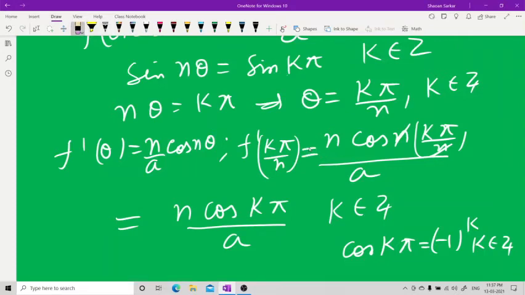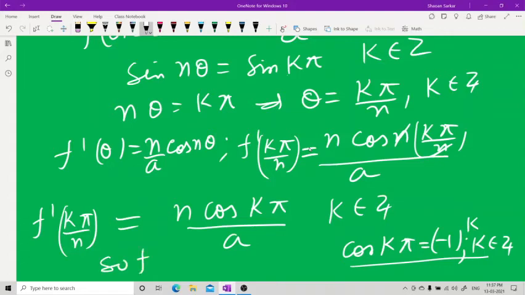So now this is f dash k pi by n, and this is nothing but this, and cos k pi is minus 1 to the power of k, which is never 0. So f dash k pi by n is equal to n by a minus 1 to the power of k, which is never equal to 0. Never 0. ये कभी भी 0 नहीं होता है.